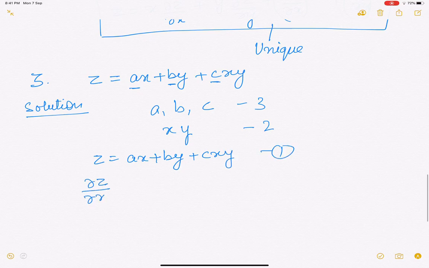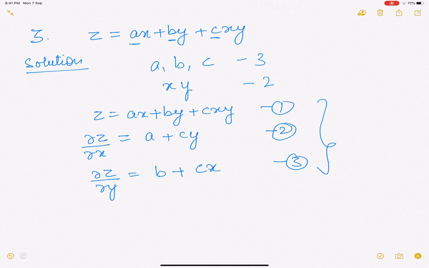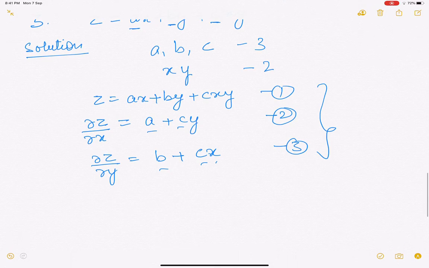We find the partial derivative of z with respect to x, and it is a plus cy. Let us name this as equation number 2, and we find the partial derivative of z with respect to y, and we name this as 3. Now we have to use these three equations to eliminate the constants. We can see that a in equation number 1 is coming in the form of ax.